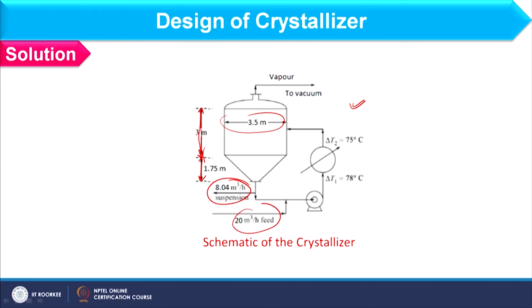Total feed is 20 meter cube per hour, and in the heat exchanger we consider delta T as 75 and 78 at the two terminal conditions, and so in this way we can design the crystallizer and make the geometry of the crystallizer as shown in this slide.